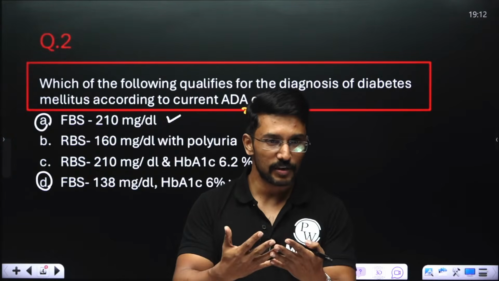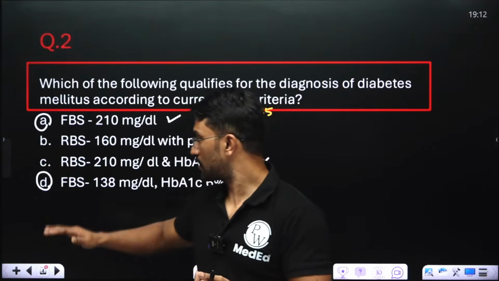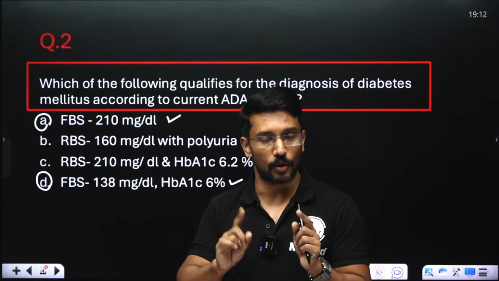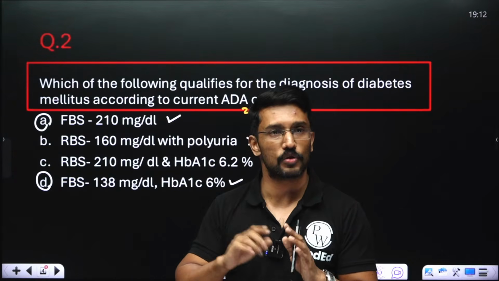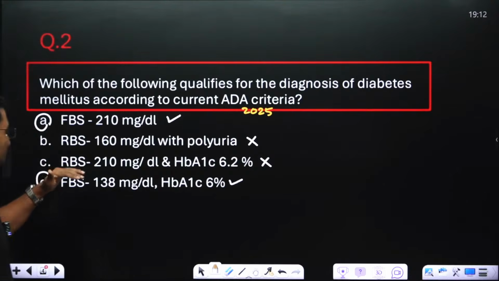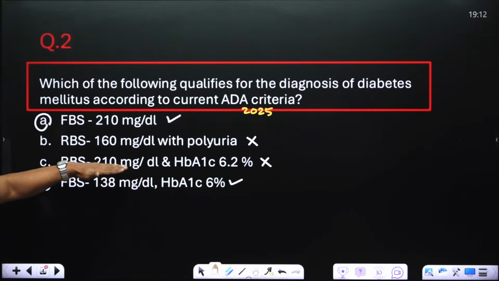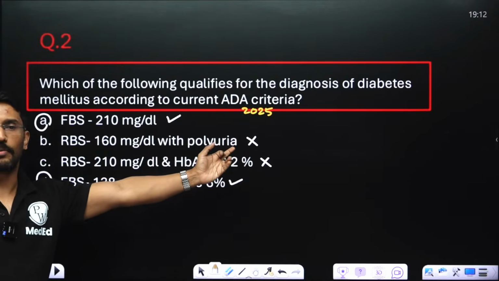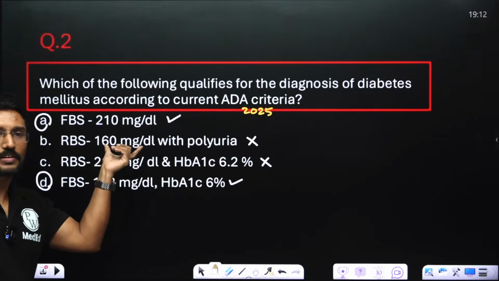It can raise the suspicion. You can establish the diagnosis by doing HbA1c or FBS, PPBS, but RBS alone in the absence of symptoms cannot be used for diagnosis. So option C mentions RBS more than 200, but it is not talking about the presence of symptoms. Option B was talking about the presence of symptoms, but the value was not sufficient.